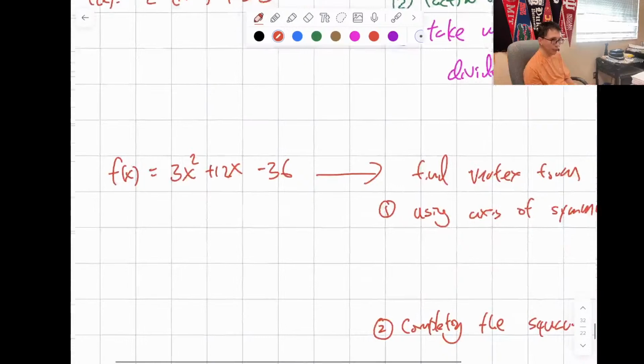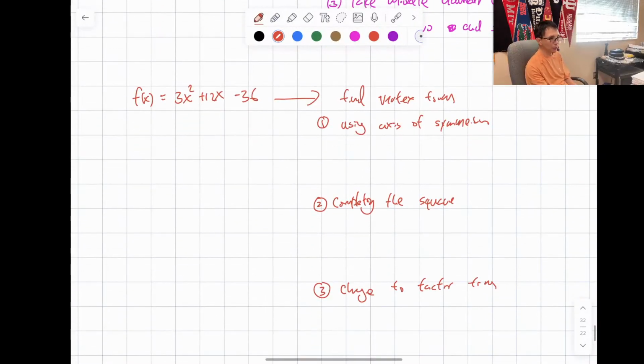I need you to find the factor form, which is how do you use this and change it to factor form and find the x-intercepts. So where is zero? You can find the x-intercept through two ways.